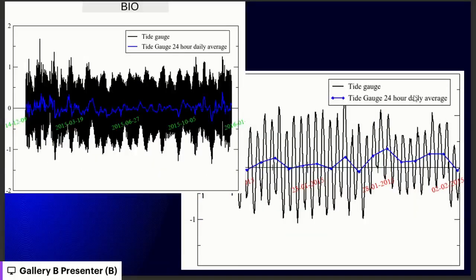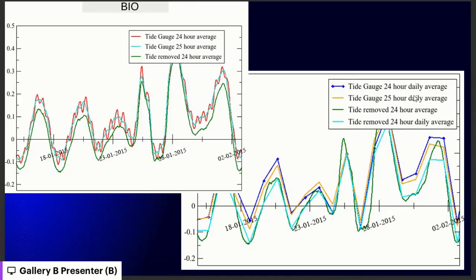When we get to BIO, the Halifax tide gauge, the total signal compared to the residual signal, the average signal is not so big, and we're getting almost the same answer.